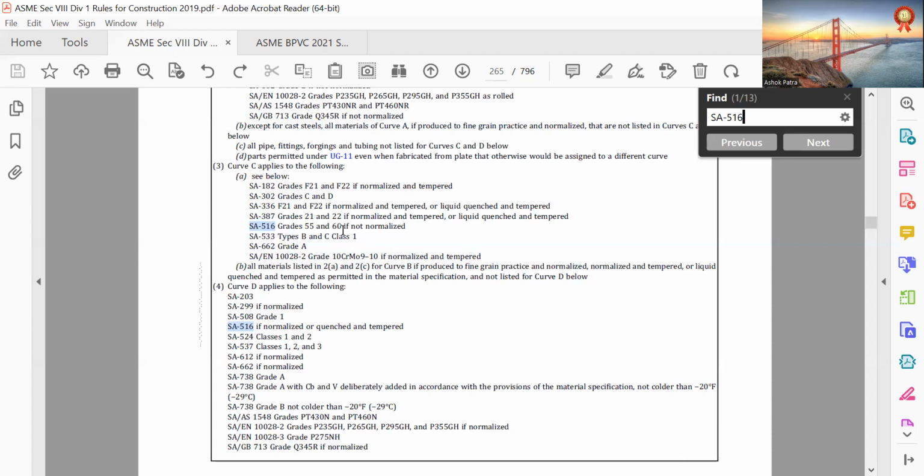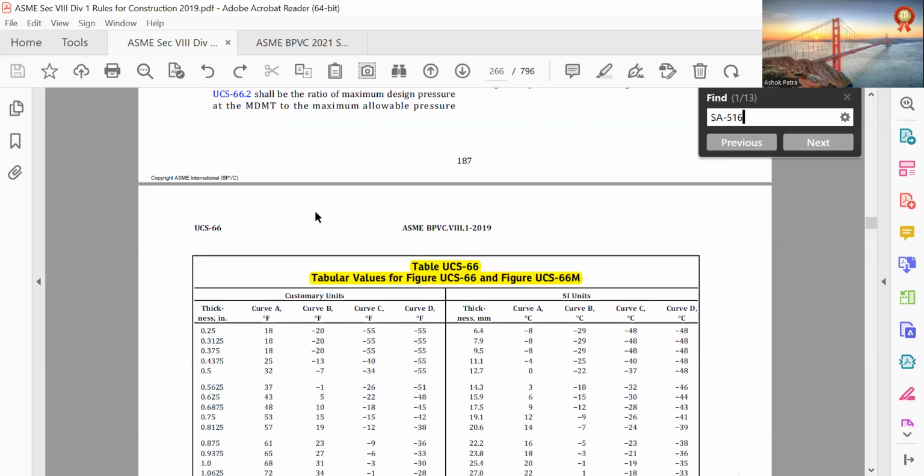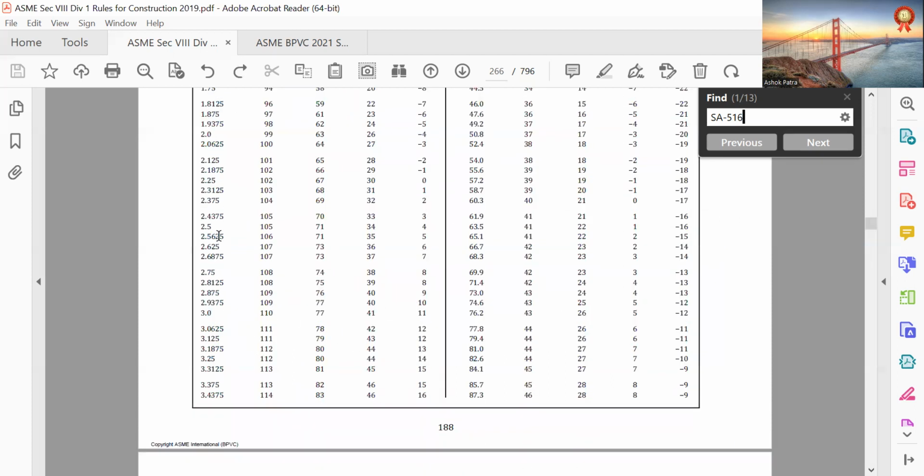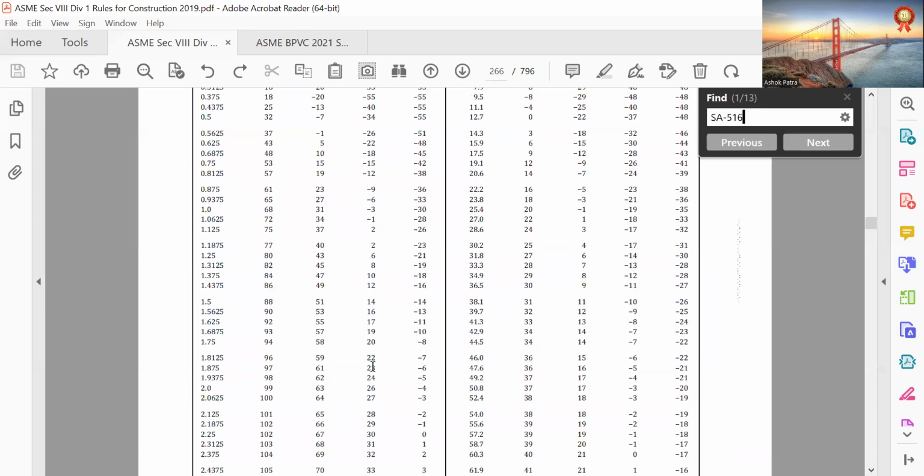So 60 is in the C curve. The C curve has a good 34. This is 71. If you increase the temperature to 71, there is no problem.